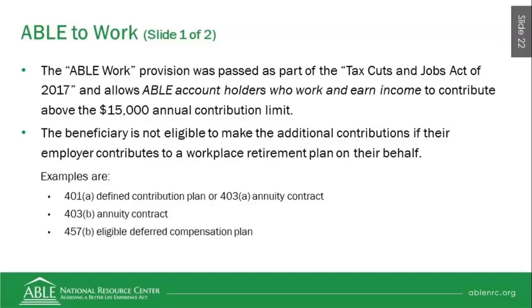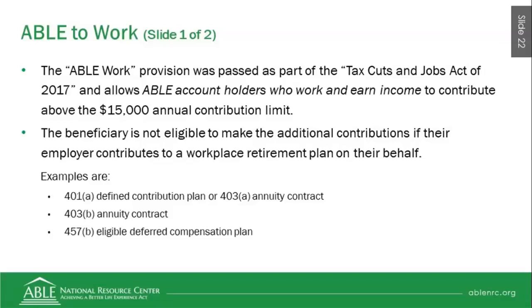Now, the ABLE to Work Act is another piece. It provides another incentive for ABLE beneficiaries who choose to work and who choose to save. This provision was passed as part of the Tax Cuts and Jobs Act of 2017, and it allows certain ABLE account holders to work and contribute to their ABLE account above or beyond the $15,000 contribution limit.